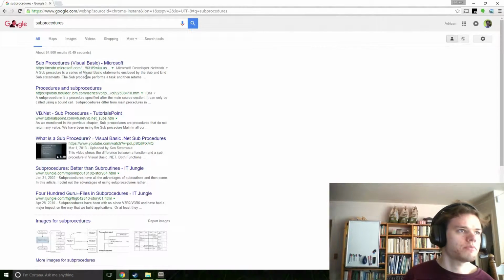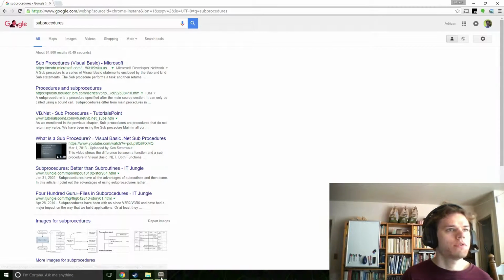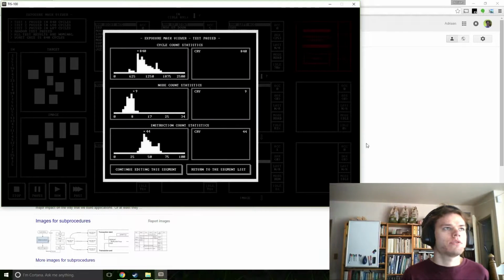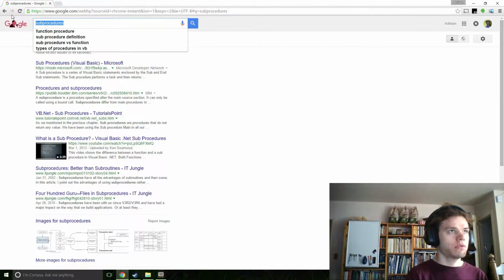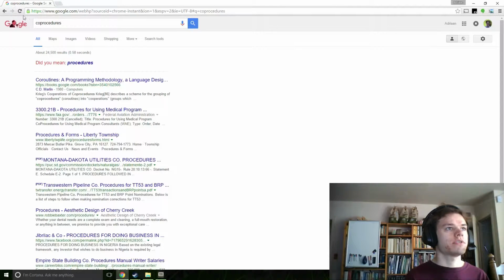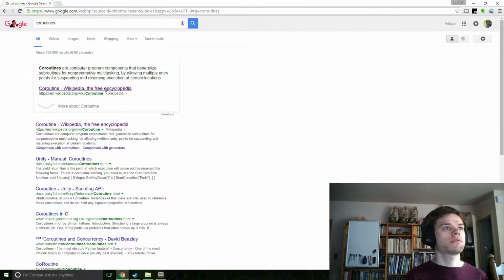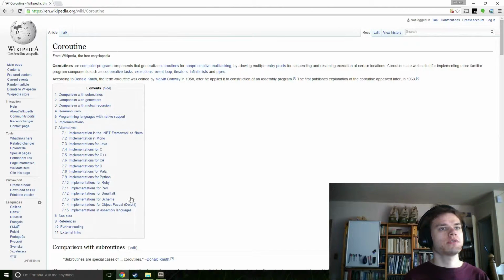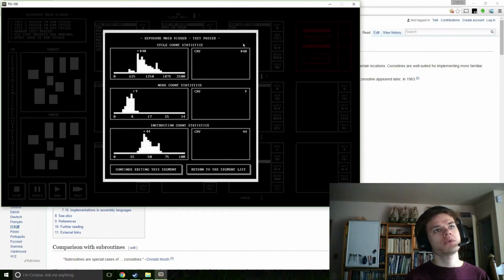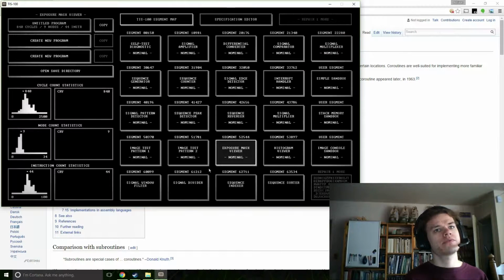Yes, sub-procedures. No. Coroutines. Coroutines. That's the word. Multiple entry points. Yeah, so thinking about this in terms of coroutines is helpful. Okay, that's the first I did.